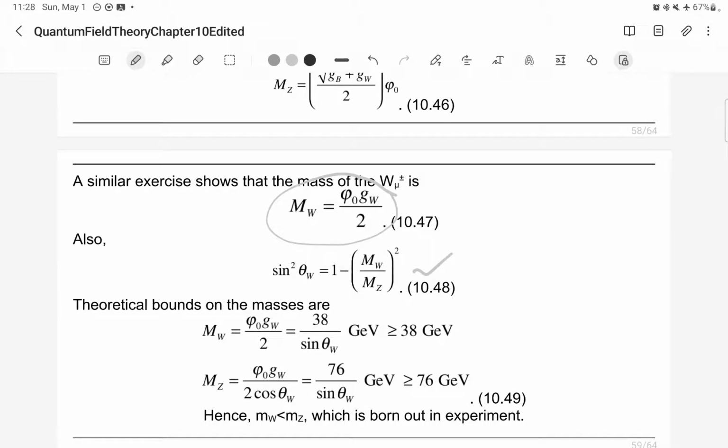And the theoretical bounds on the masses are actually this one. So experimentally, the masses of W are exactly greater than this. Theoretical bounds. If I'm not mistaken, MW is around 60 GeV, while MZ is around 80 or 90 GeV.